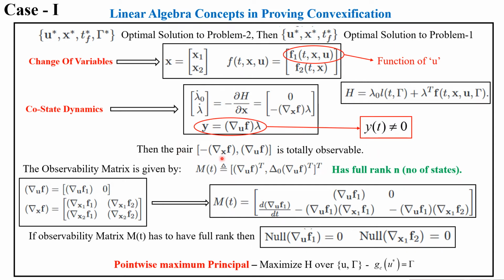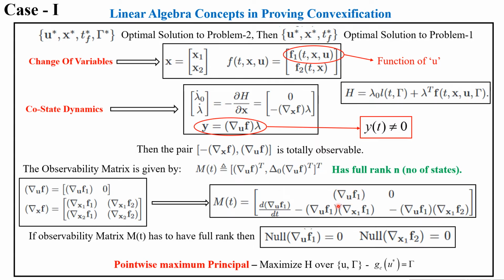Now using this pair, we can always form an observability matrix as explained in the previous slide. So this is the observability matrix form. This observability matrix has to be full rank. After expansion of this observability matrix, you can see it like this. So this matrix can be full rank when this del u f1 has all the columns linearly independent.